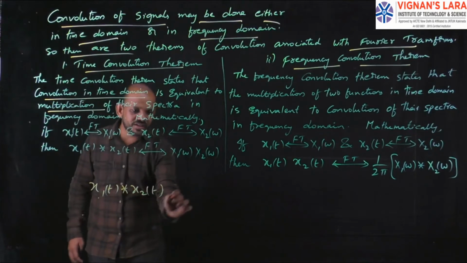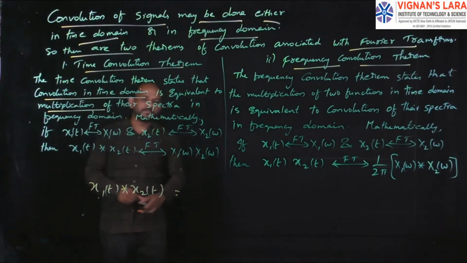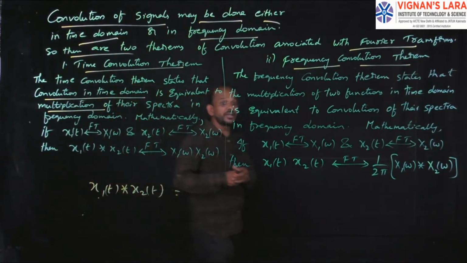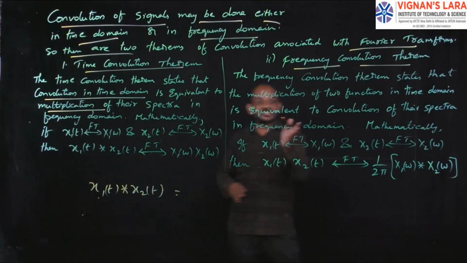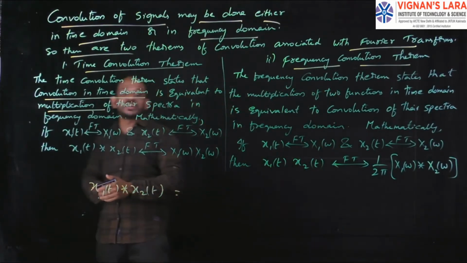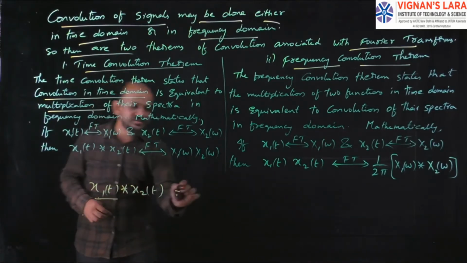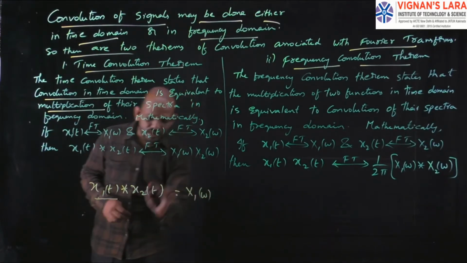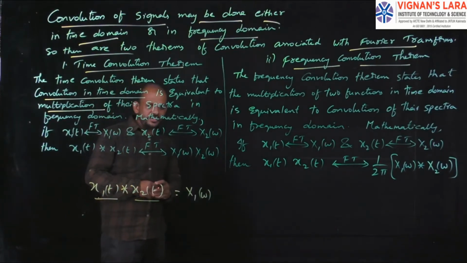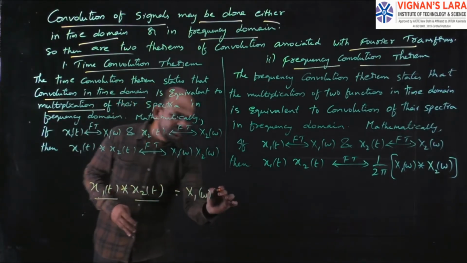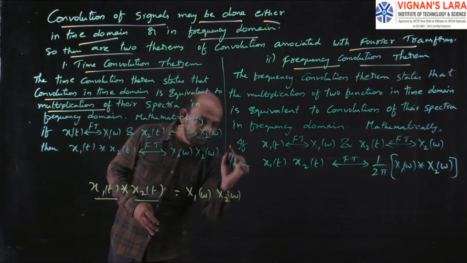Now this convolution is equivalent to the multiplication of the respective spectra in frequency domain. So in frequency domain the Fourier transform of x1 of t is capital X1 of omega, and the Fourier transform of x2 of t is capital X2 of omega.